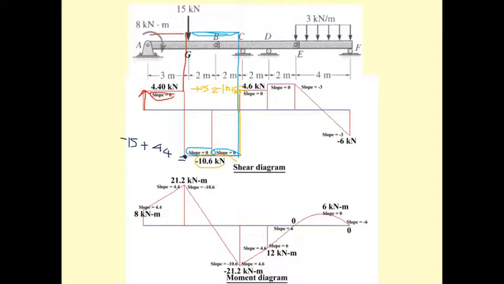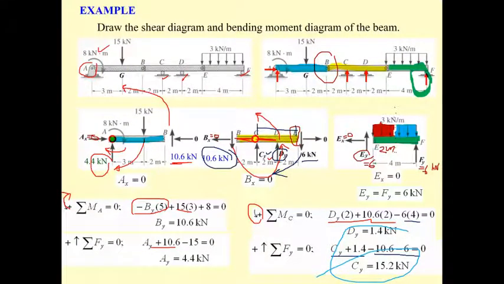Since CD also has no distributed load, the slope here is 0. And then we have the resultant over here. Anyone remember that? The resultant there is going to be 1.4.